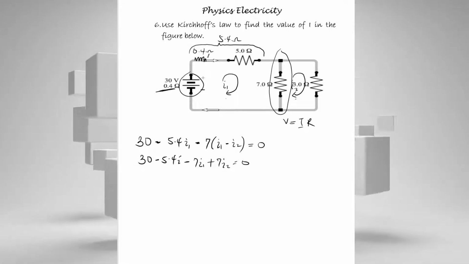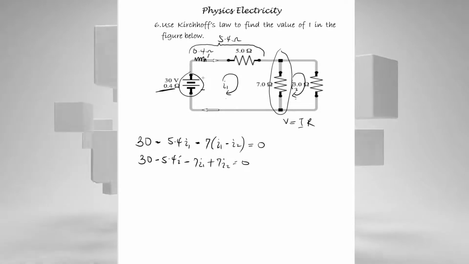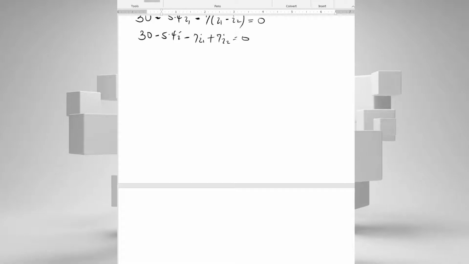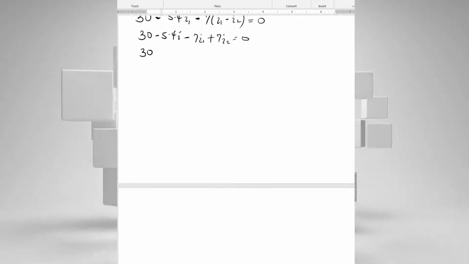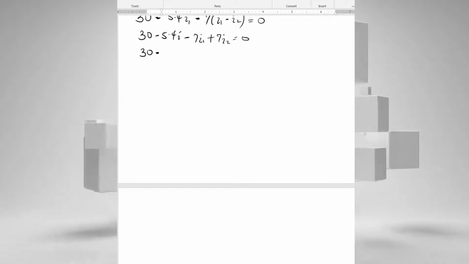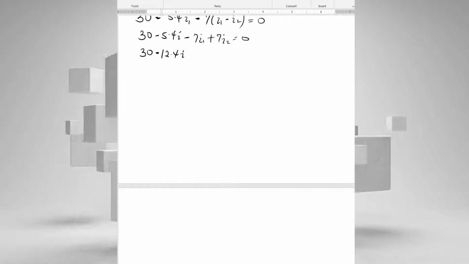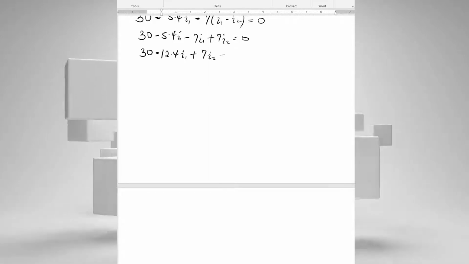Therefore, we can add the I1 terms together: 30 minus 12.4 I1 plus 7 I2 is equal to 0.